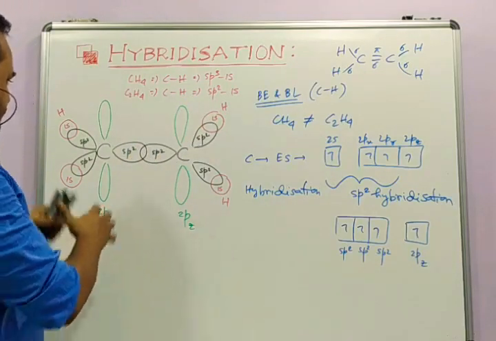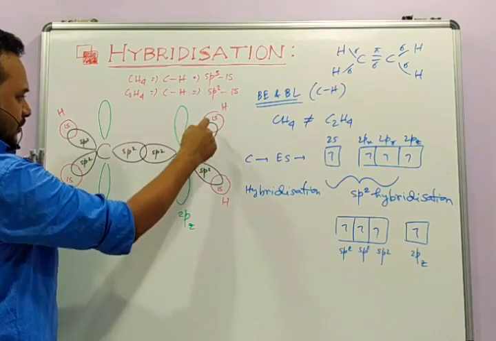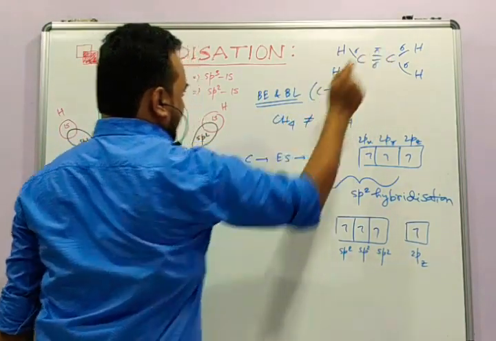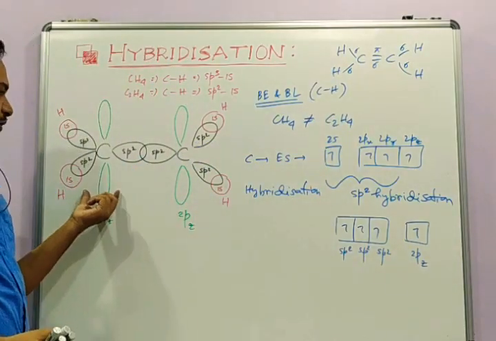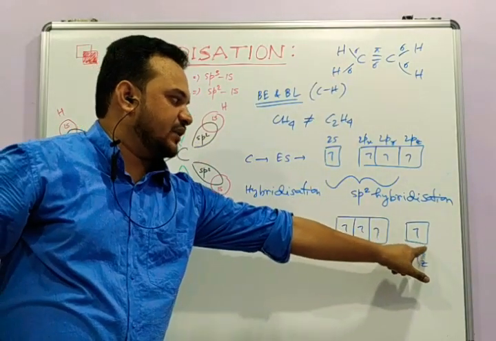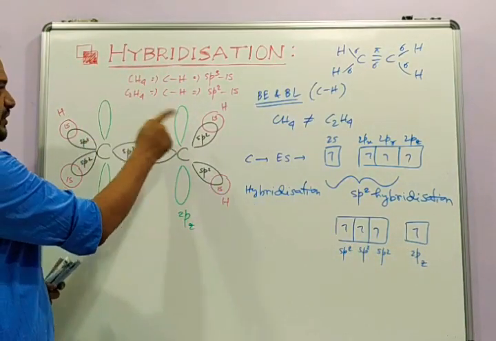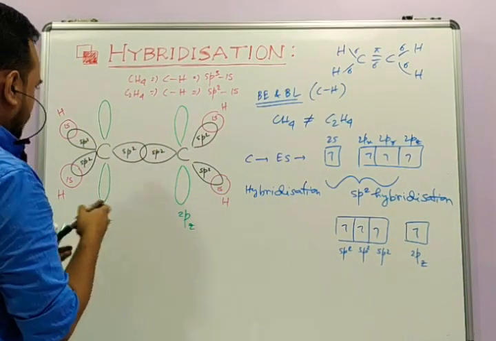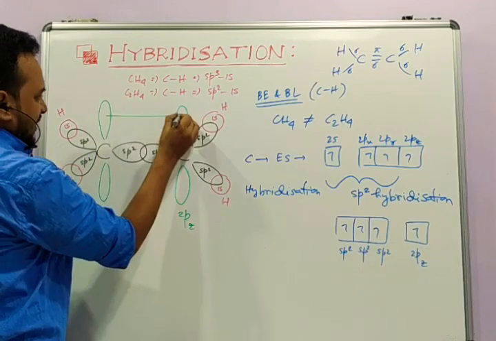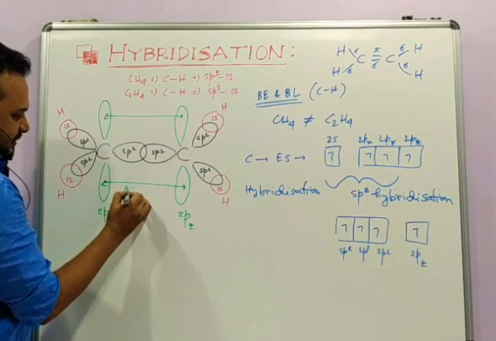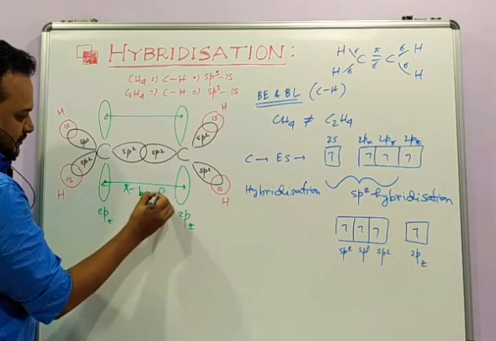Now see, when the sigma bonds are formed, the CH bonds and one of the CC bonds, what remains is one pi bond. You can see the 2pz orbitals that were remaining in the valence shell of both carbons. Now they are parallel to each other, so they undergo parallel overlap, which gives rise to the formation of the pi bond.